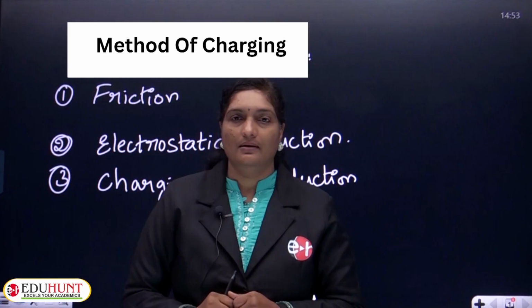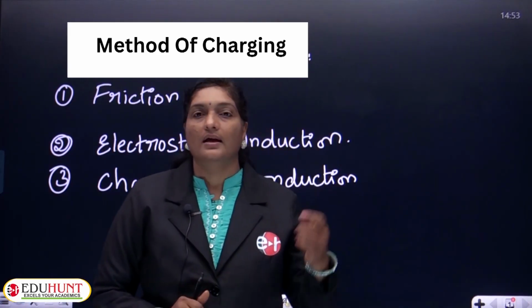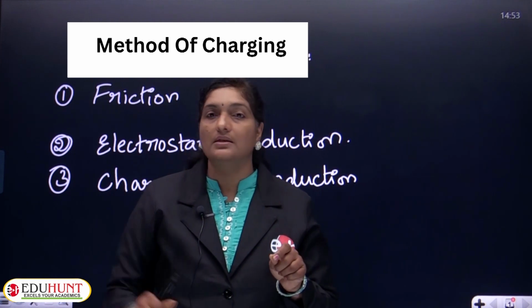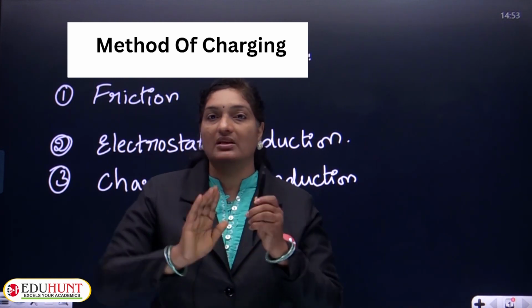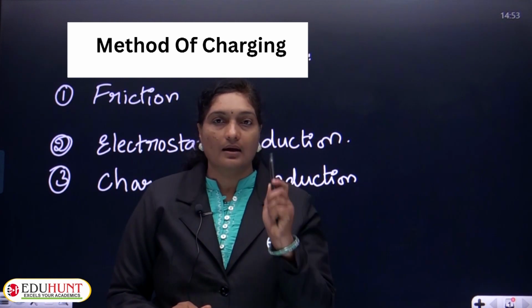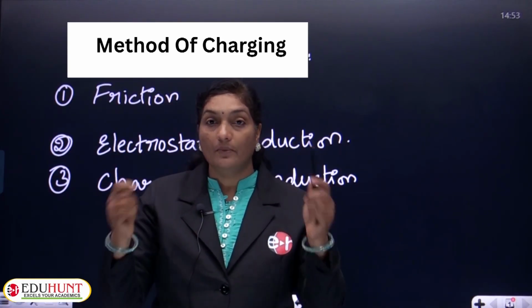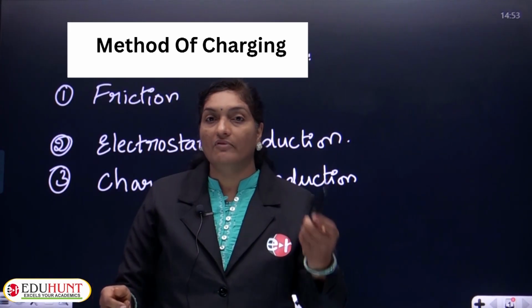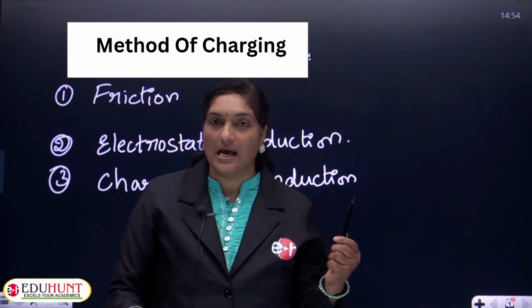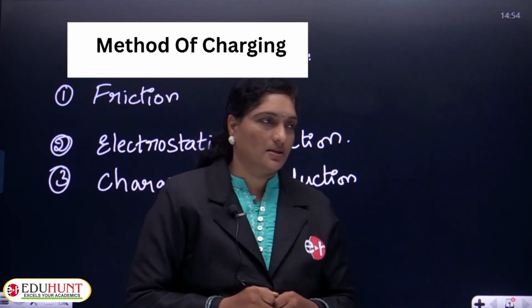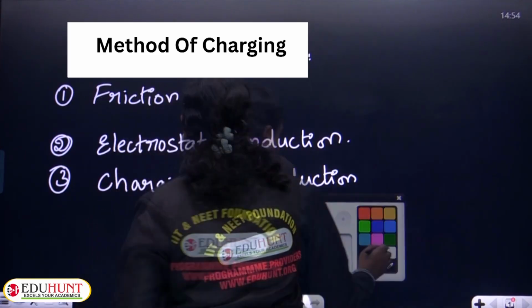For example, let us try to understand. Consider a glass rod. Whenever this glass rod is rubbed with a silk cloth, we observe that the glass rod will become positively charged, whereas the silk will become negatively charged.